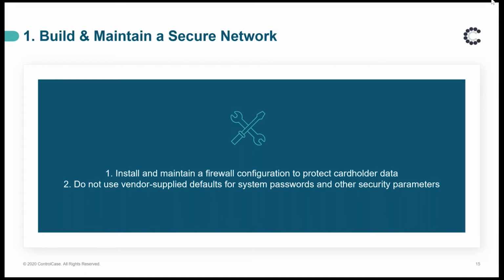So the first principle of PCI DSS is to build and maintain a secure network. We are all familiar with technology. We all know that networks are key to any ecosystem. And so building and maintaining a secure network is paramount.